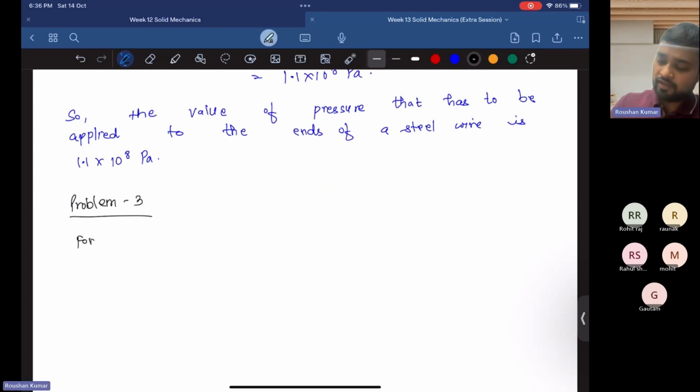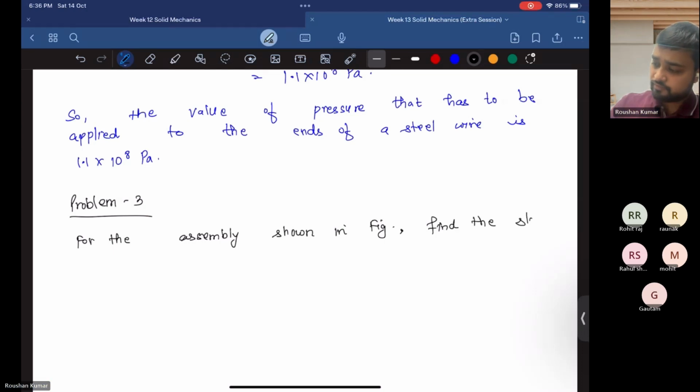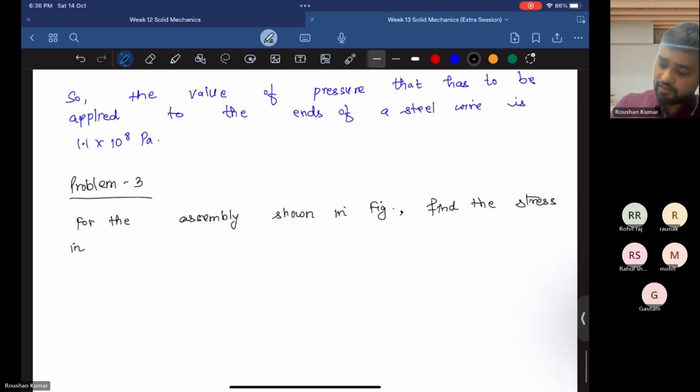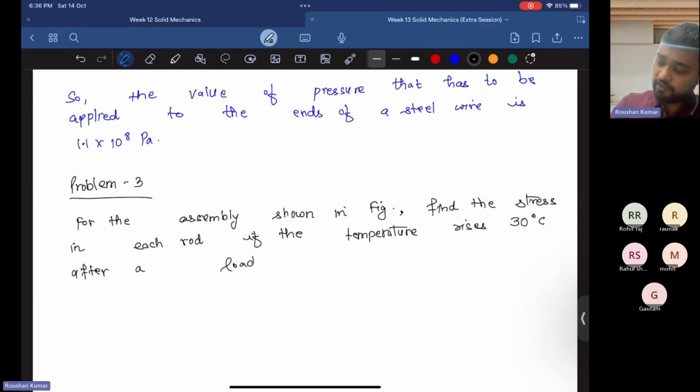So the question is, for the assembly shown in figure, find the stress in each rod if the temperature rises 30 degrees Celsius after a load W equal to 120 kilonewton is applied.